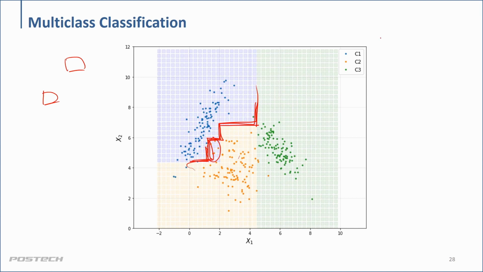Another thing that I want to mention here. Suppose you have this kind of data set, and you decide to use a decision tree for classification, then probably your model is like that, right?